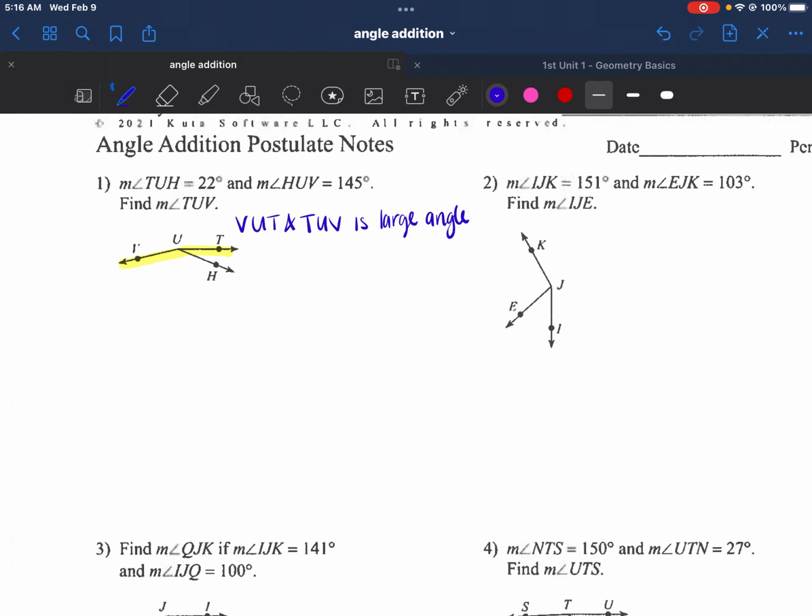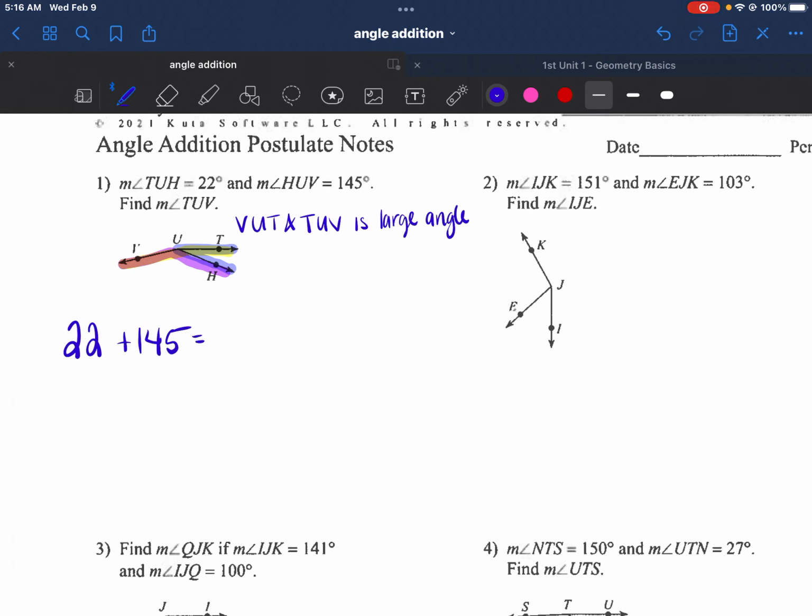The directions say if the measure of TUH, which I'm going to highlight in another color, is 22, which is an acute angle, and the measure of HUV is 145, they want you to find the measure of TUV.